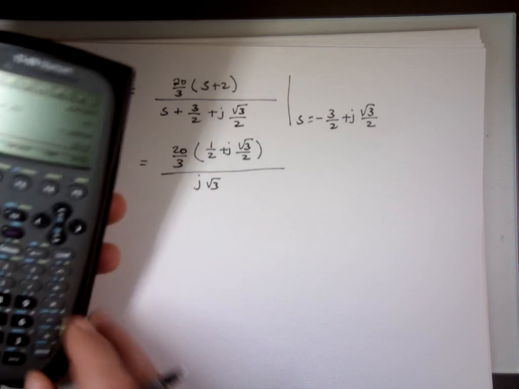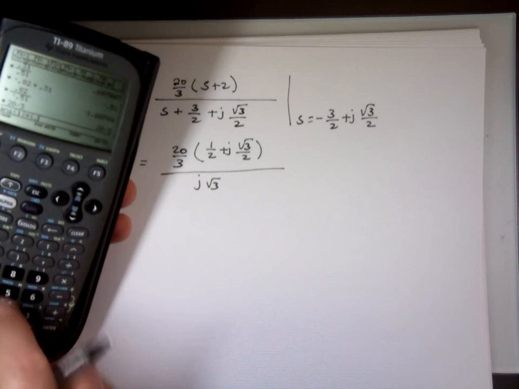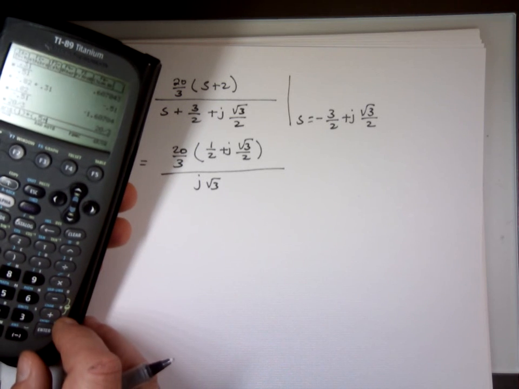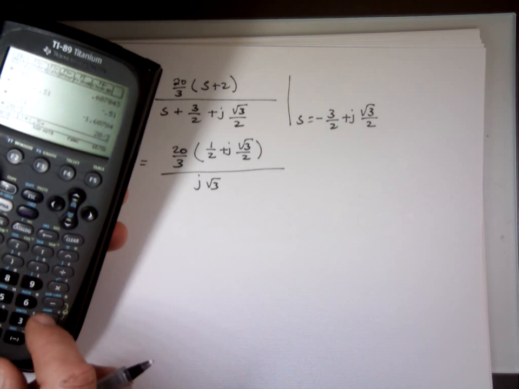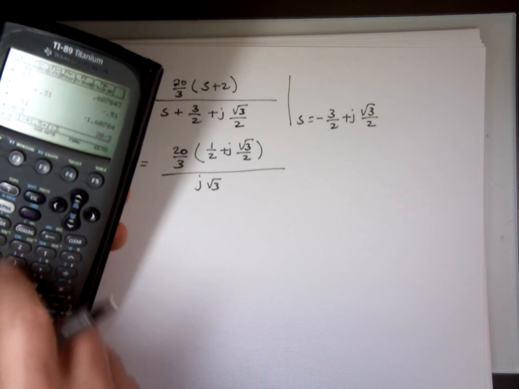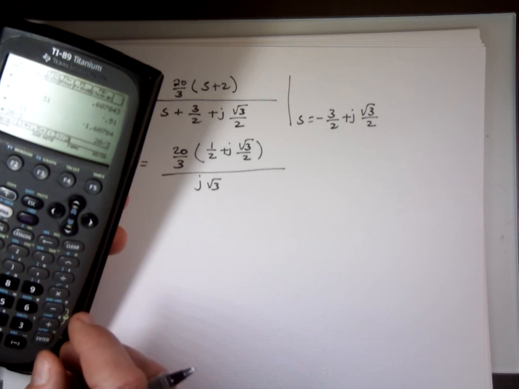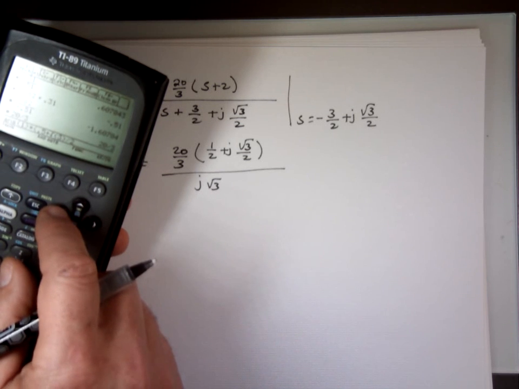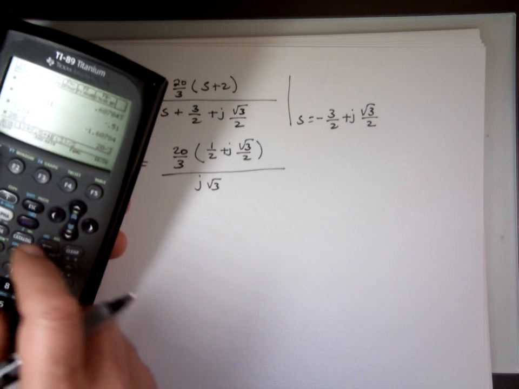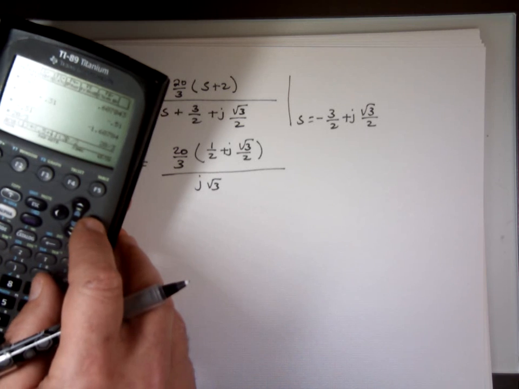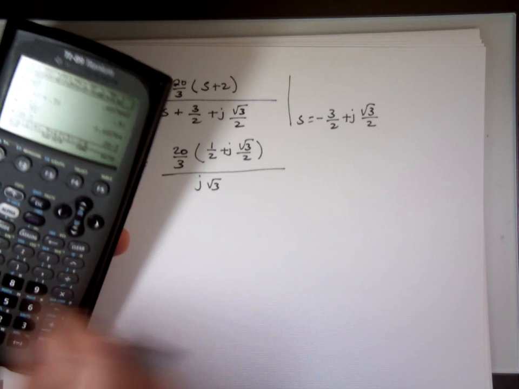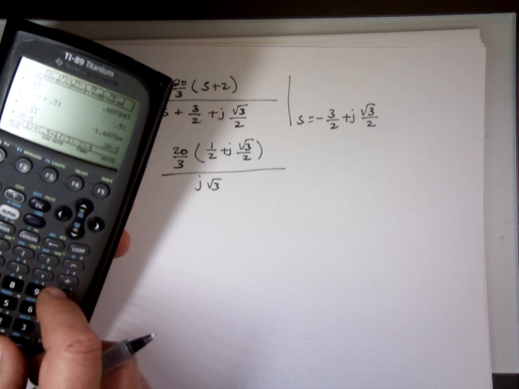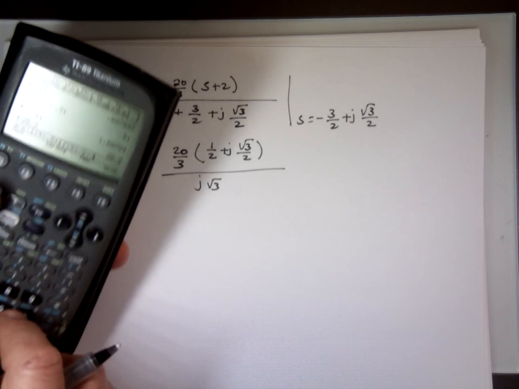0.5 plus, what is the square root of 3 divided by 2? I should put parentheses here to say that's the j portion. j, the square root of 3 over 2, divided by j, the square root of 3.